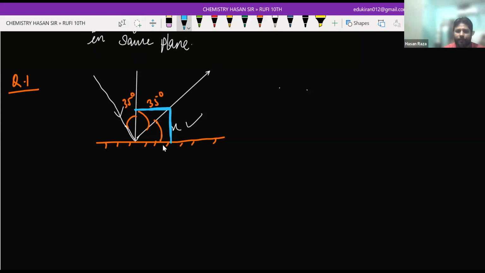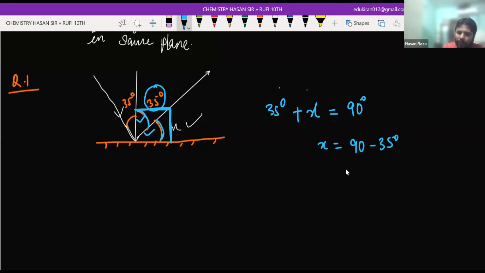It's 90 degree. And what is this angle? 35 degree. So this angle plus this angle will be equal to 90 degree, right? 35 degree plus X is equal to 90 degree. Are you getting my point? Yes. So X will be equal to 90 minus 35, which is 55 degree.